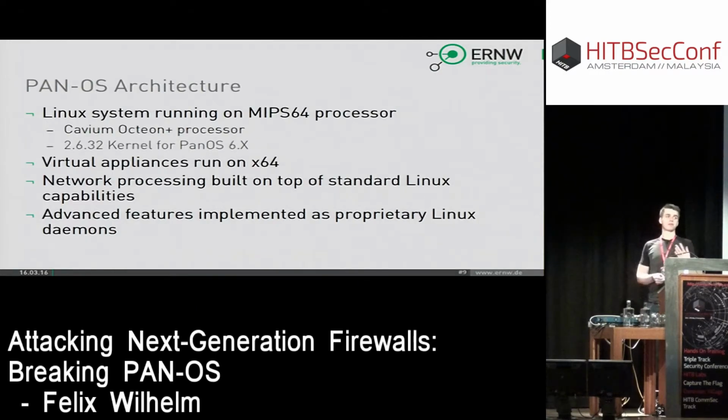Of course, they offer a lot of features that can't be found in a normal Linux system, and all these features are implemented as proprietary Linux user space processes that are just running on the operating system.